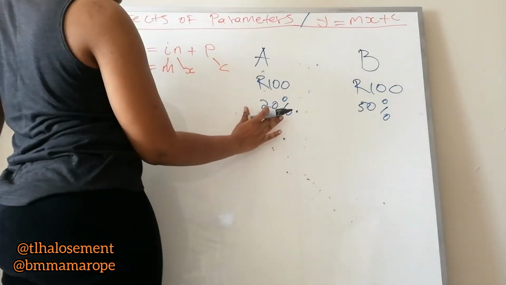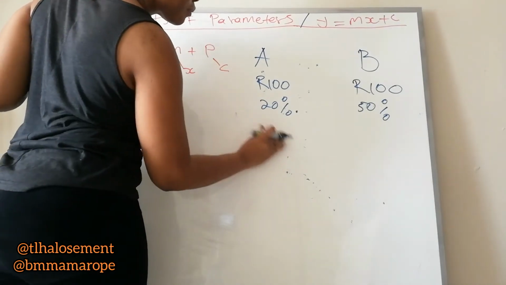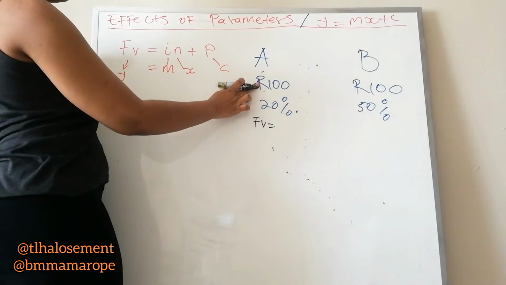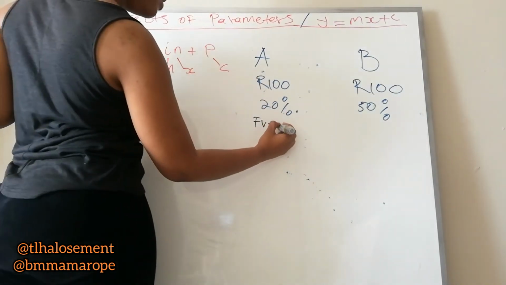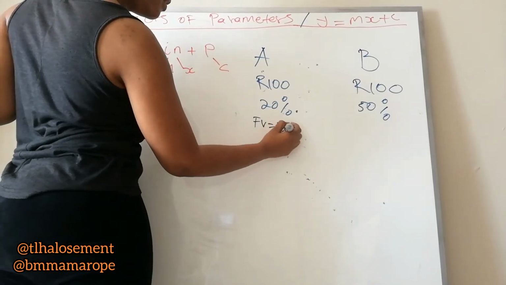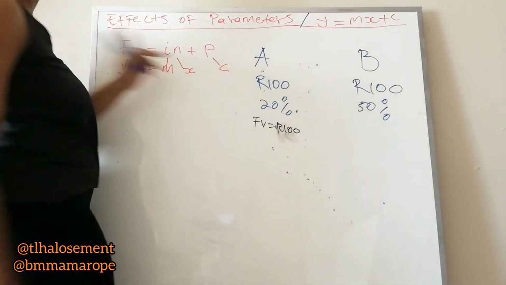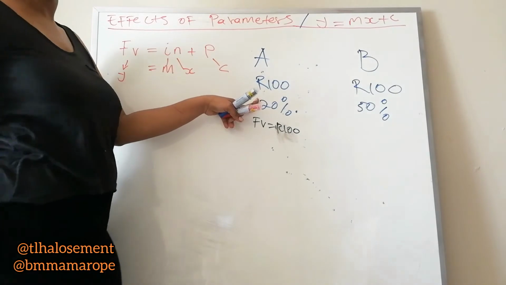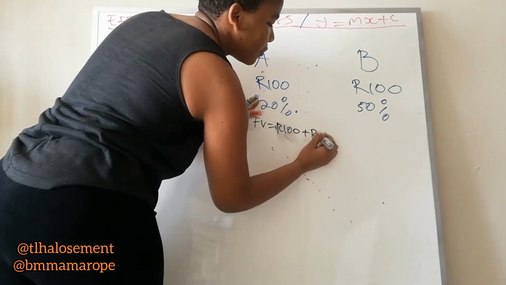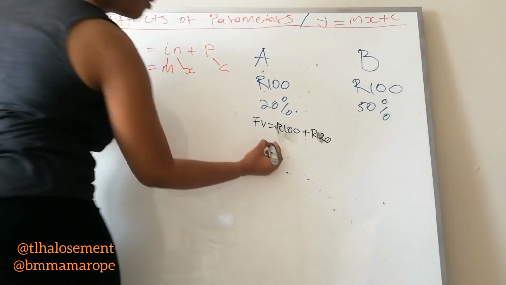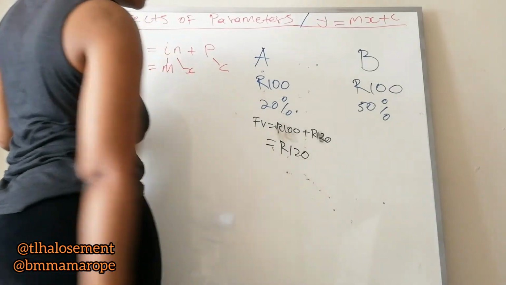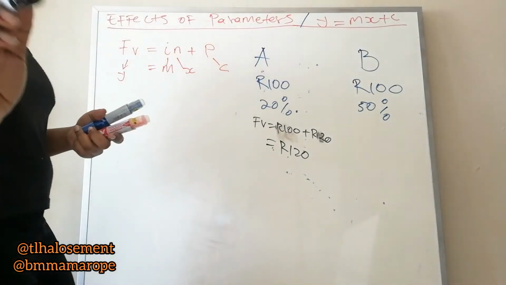The future value for this one will be their principal amount, the money they started with, 100 Rand, plus their 20%. What is 20% of 100 Rand? 20 Rand. So this person is going to get 120 Rand. We're keeping N constant.